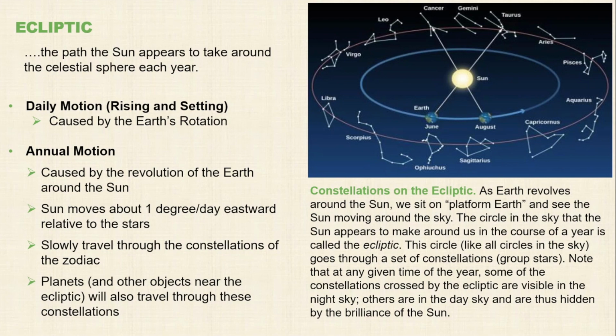Like this one here, these are the background stars, also the ecliptic constellations. They are also called the constellations on the ecliptic. Now we know what the ecliptic is, the projection of the path of the sun in the sky.